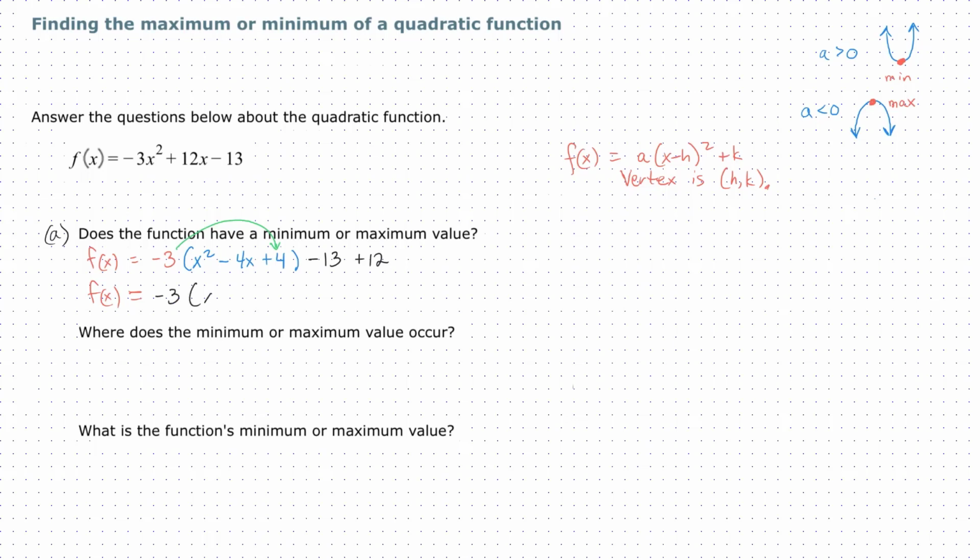Negative 3, x minus 2 quantity squared, subtract 1. Because a is equal to negative 3, which is negative, this has a maximum value, right? This is going to have a maximum y value.